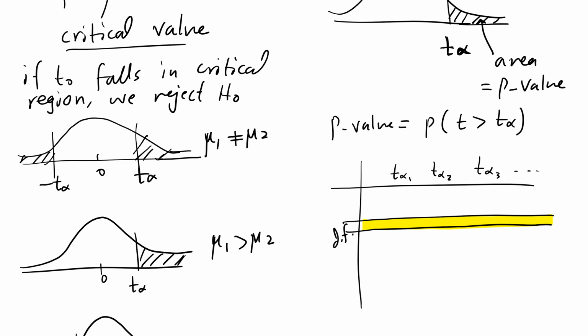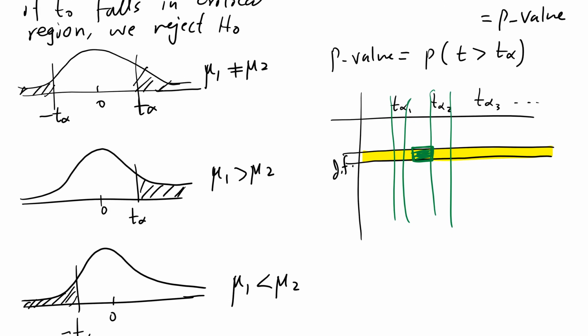It's very rare, almost impossible, to find it exactly below one of those t sub alphas. So let's say the number falls somewhere in between two of them. If you draw a vertical column, it falls between t sub alpha 1 and t sub alpha 2. Assume alpha 1 is less than alpha 2, less than alpha 3.